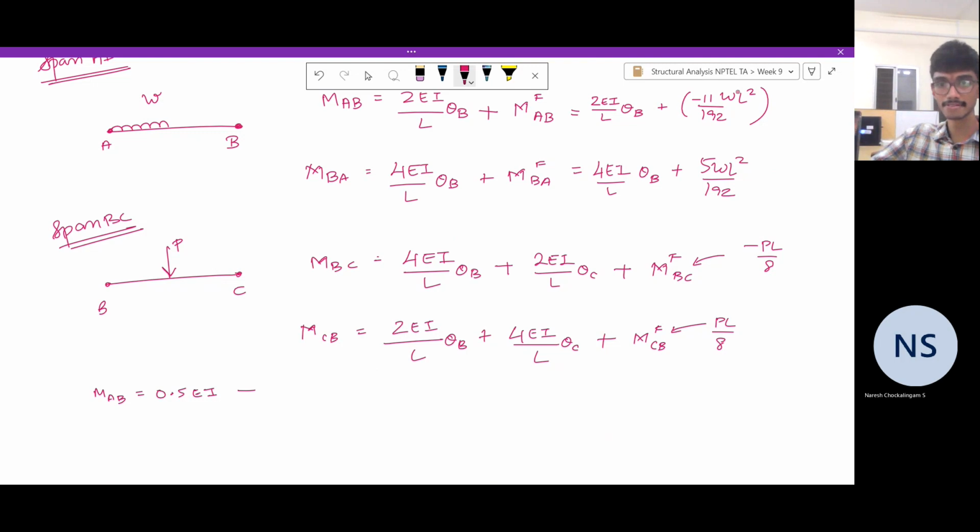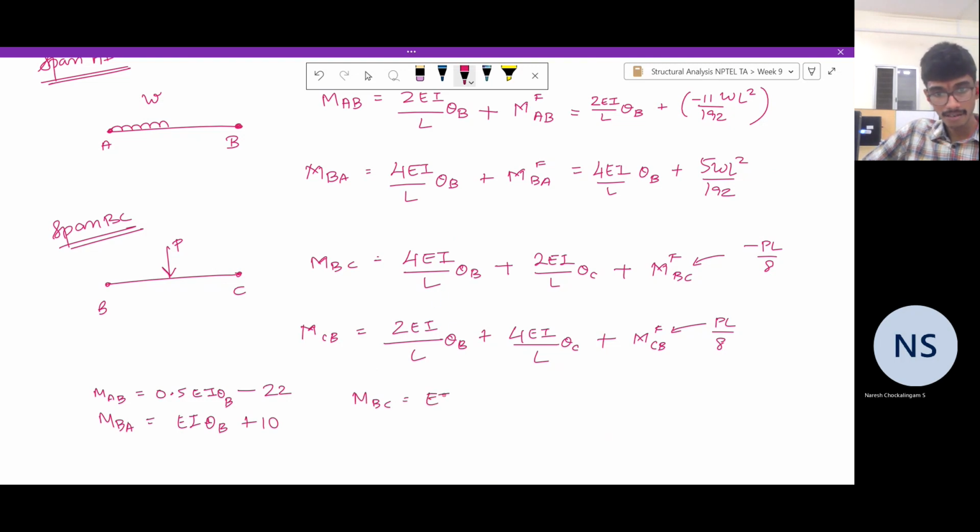So 16 by 8 is 2. And 2 into minus 11 is minus 22. And BA is equal to EI theta B, plus 5 WL square by 192. So WL square by 192 is 24 into 16 by 192, which is 2, so plus 10. So this is 10. And MBC is 4 EI by L.